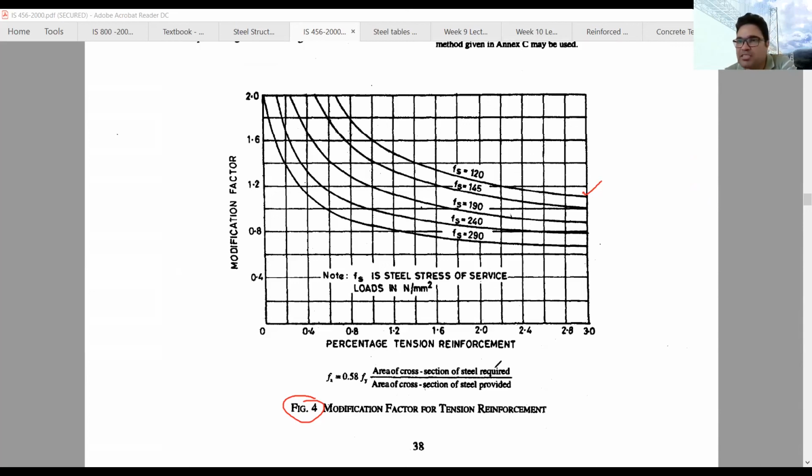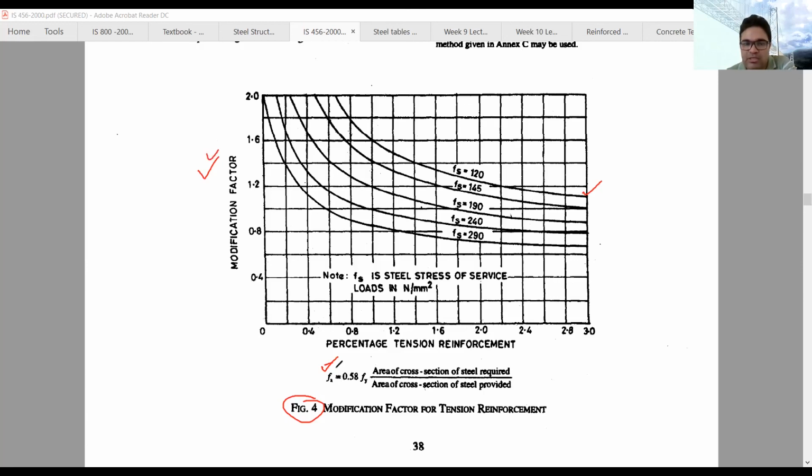As I mentioned in step 7, when we were calculating the area of steel, we have to find out AST required and AST provided. Those values are required to find this value, and once we find it, then we find this modification factor. In the curve, you can see percentage of reinforcement is given here. So we also calculate the percentage of reinforcement so that we can find the modification factor.